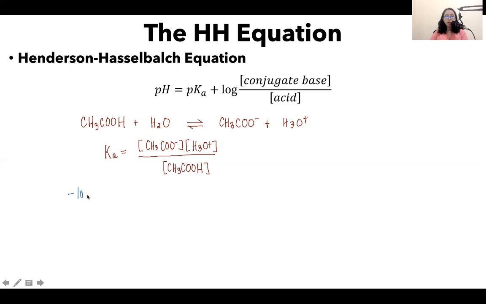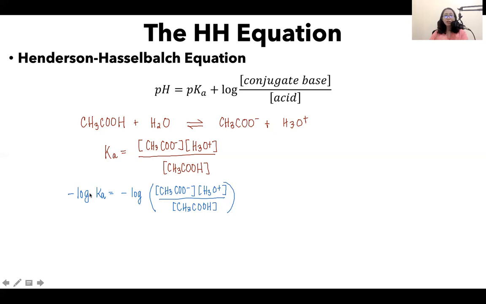So I have negative log Ka equals negative logarithm of this whole expression over concentration of acetic acid. Now, negative log Ka is your pKa. So remember, anything that you get the negative logarithm of, that's P of that thing.